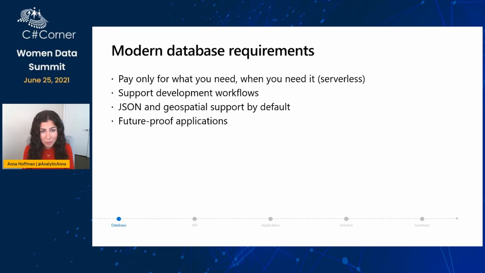Ideally, especially for this scenario but many scenarios as well, you need JSON support, right? A lot of information is coming in the form of JSON. And for our scenario, and a lot of scenarios use locations for various things, we want to be able to support geospatial queries and geospatial data points.